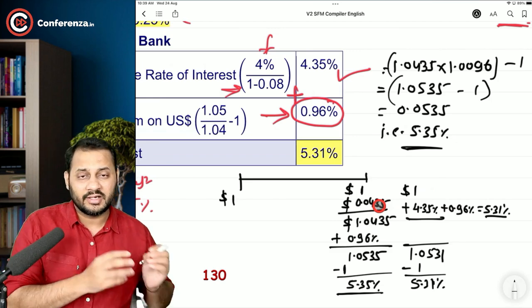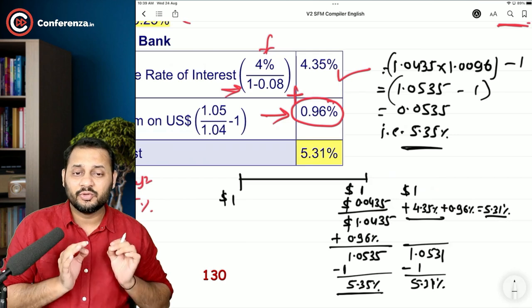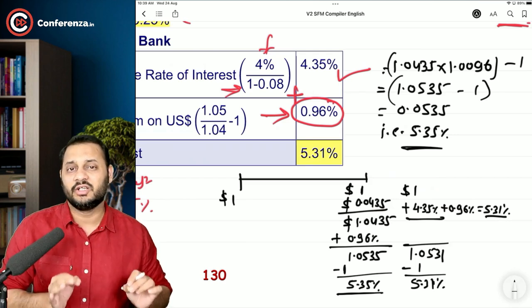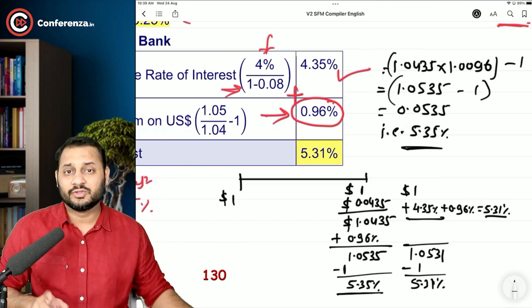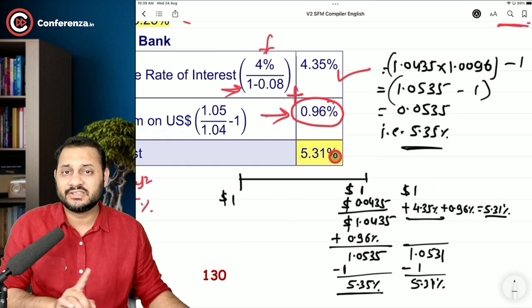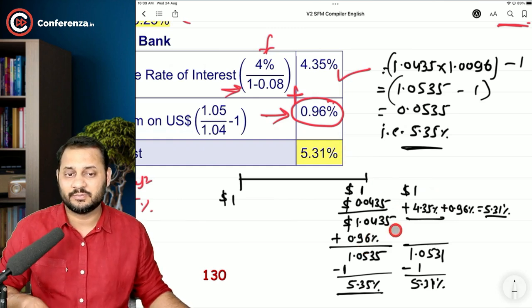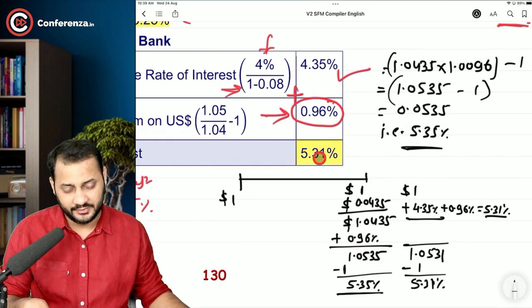It has nothing to do with the nature of the cash flows. Whatever the cash flows, all of them have to suffer the impact of 0.96%. The institute has missed out the impact of 0.96% on the interest, and that's why this answer is not perfectly right.